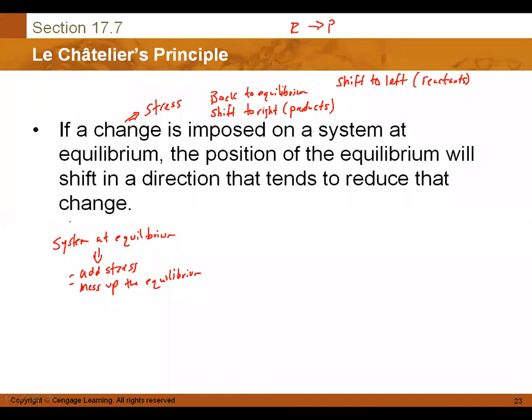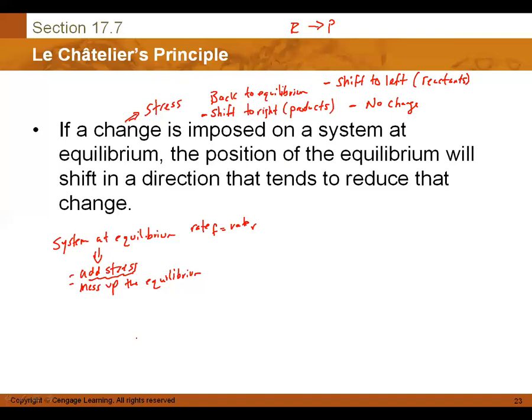And there's a third case that could occur with Le Chatelier's principle: there could be no change. There is a situation where, even though you did something to this equilibrium, it's not going to cause any type of change to occur. So we have a system at equilibrium, which means the rate of the forward reaction equals the rate of the reverse reaction. We add the stress, which messes that up.